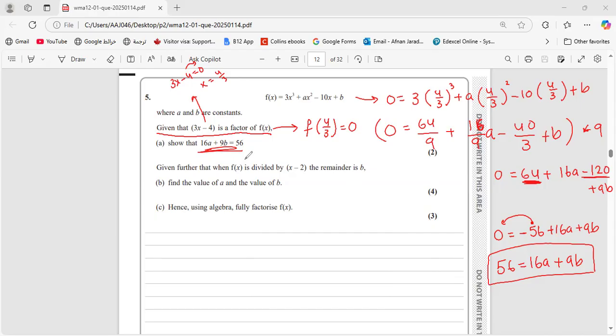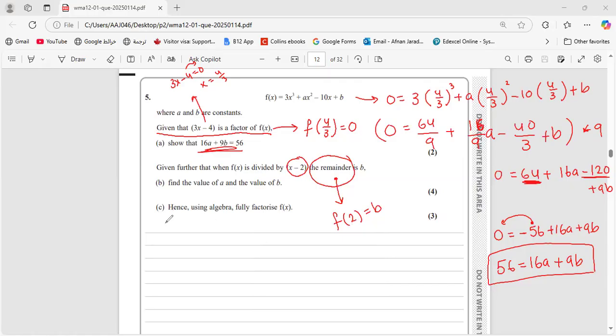Given that when f of x is divided by x minus 2, the remainder is b. This is the remainder theorem, so f of 2 equals b. When you divide f of x by x minus 2, you need the zero, which is 2. You substitute x equals 2 in the original equation, and b instead of f of x.